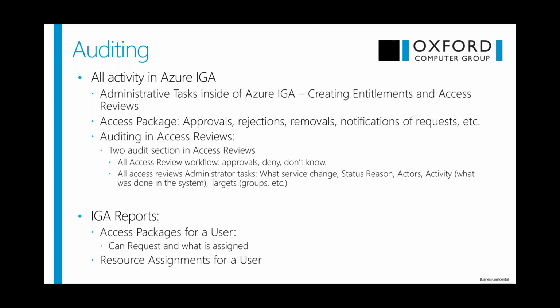And then there's a rich reporting piece to the access reviews, so we can see who set up the access packages and who requested them, what the status of that access package is, and what happened with the actual assignments.